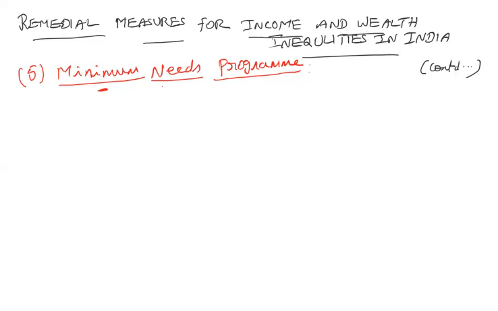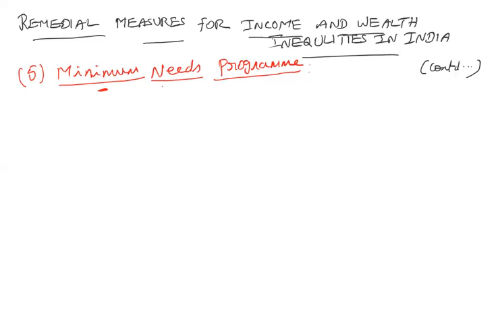So from the 5th 5-year plan, the government established a chain of network of basic facilities throughout the country. What are those basic facilities? Basic education, health facilities, housing, sanitation, drinking water, etc. All these are basic necessities for survival, isn't it?